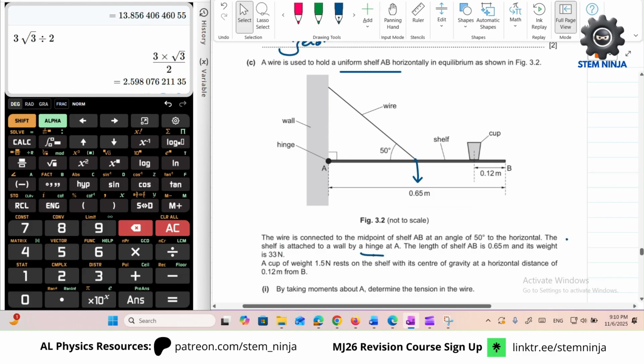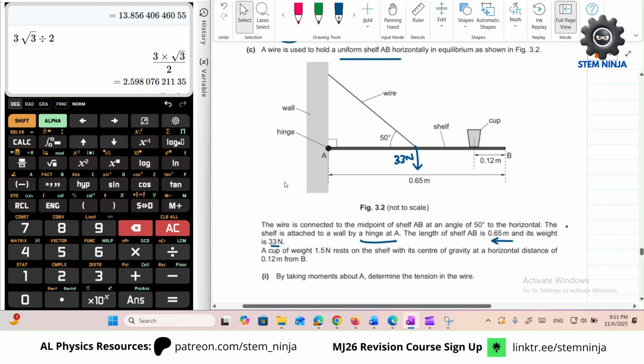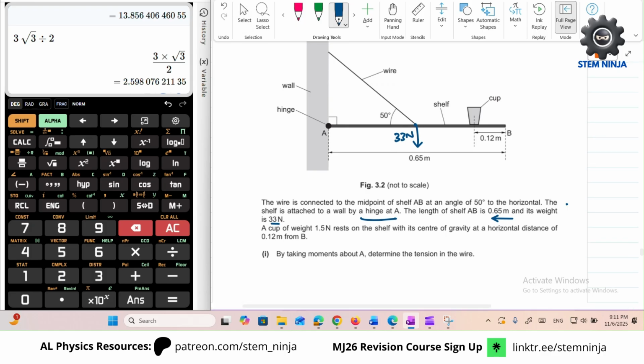The shelf is attached to a wall by a hinge at A. The length of shelf AB is 0.65 meters and its weight is 33 newtons. So this is where the 33 newtons is acting. A cup of weight 1.5 newtons rests on the shelf with its center of gravity at a horizontal distance of 0.12 meters from B. By taking moments about A, determine the tension in the wire.